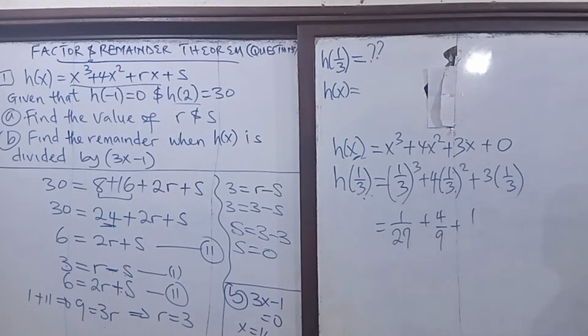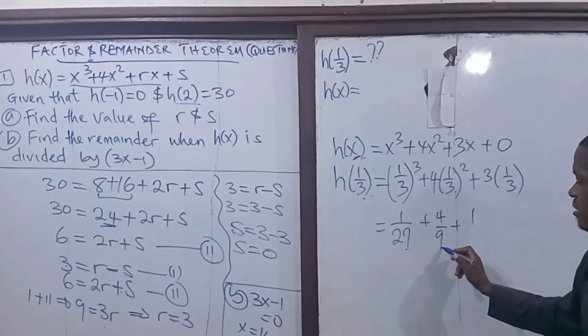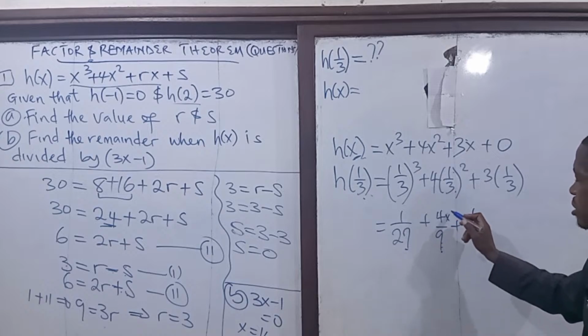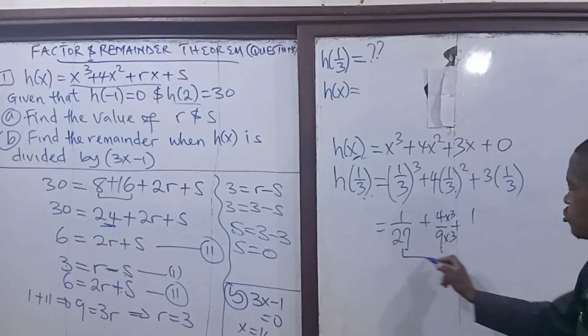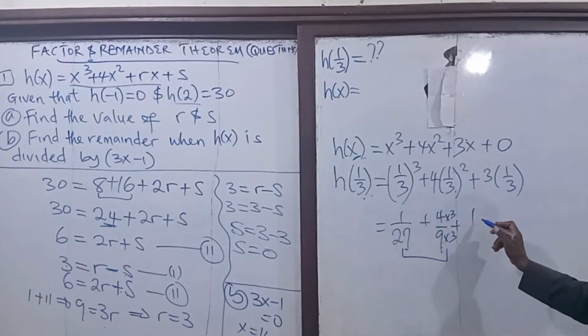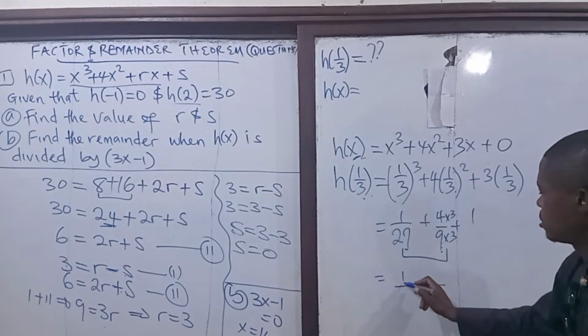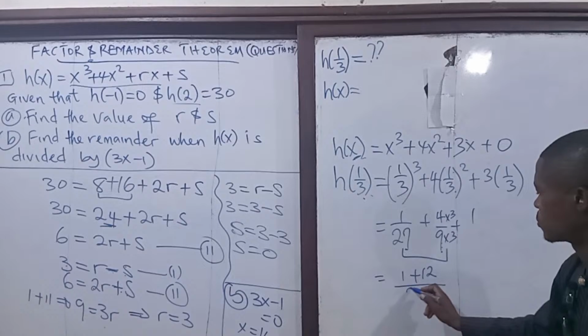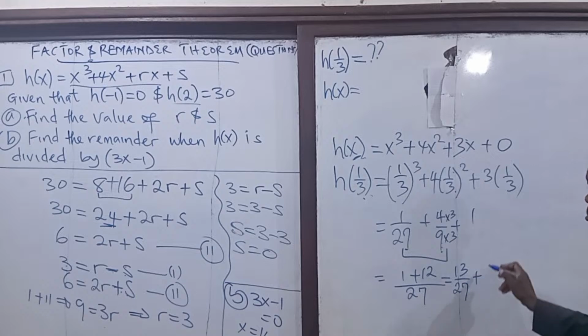Okay, so we can make this one and this one have the same denominator by using equivalent fractions. So we combine these two together: 1 plus 12 over 27, and that's 13 over 27, and then plus 1.